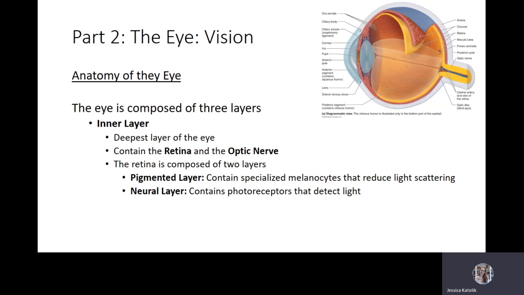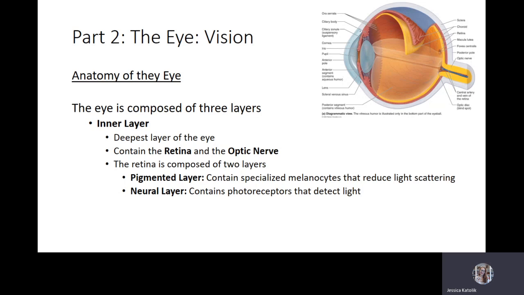The retina is actually composed of two layers. So if we're looking at the retina itself, I'll show you in a different diagram in just a moment. But it has a pigmented layer and a neural layer. The pigmented layer is going to have specialized melanocytes, which are really important because melanocytes are going to produce melanin, that pigment that is also associated with eye color and skin color and hair color.